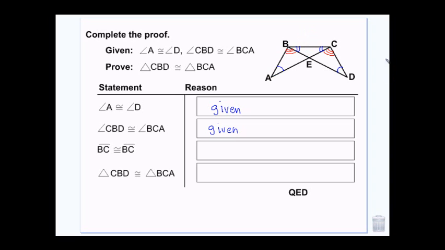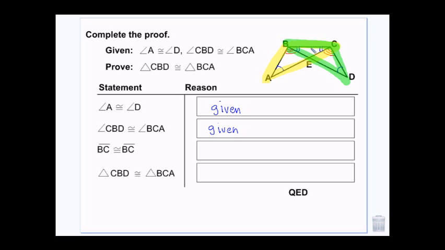Because the triangles we're looking at are BCA and BCD. Okay, but like I said, I can tell angle, angle, angle, but angle, angle, angle does not give me congruence. But look at this side right here. It would have been highlighted both yellow and green if the green hadn't covered the yellow.